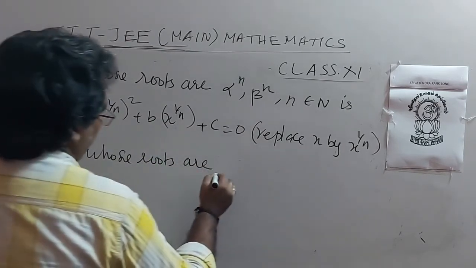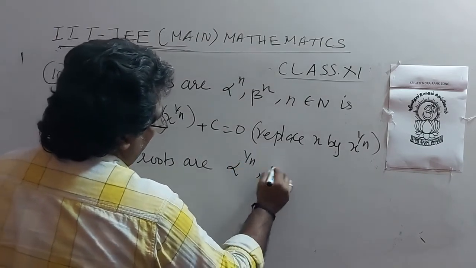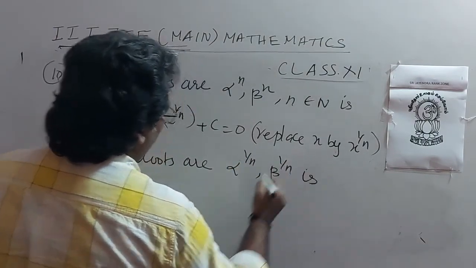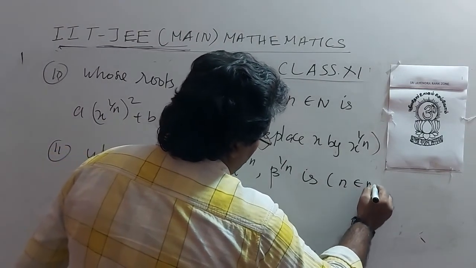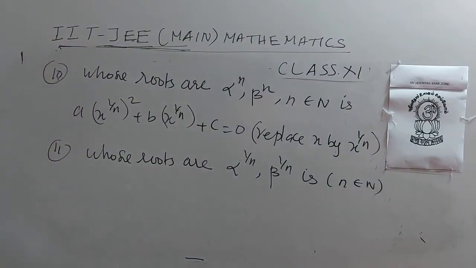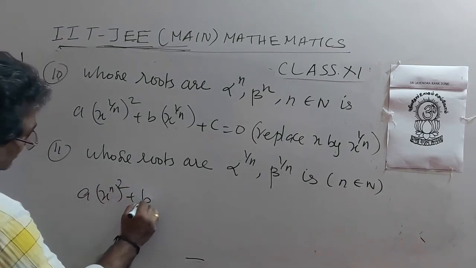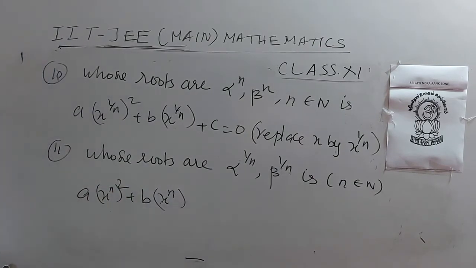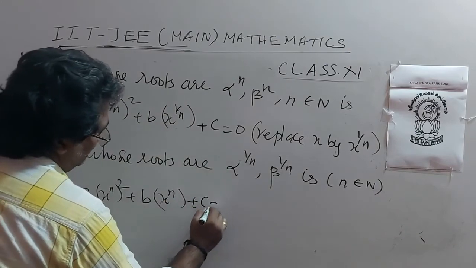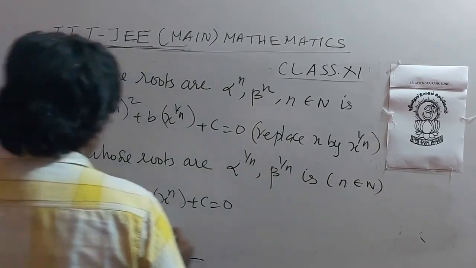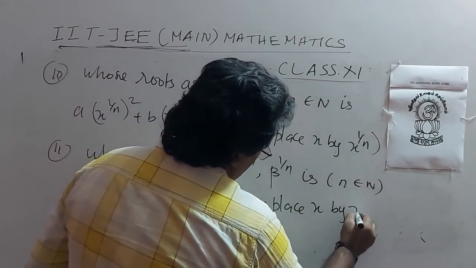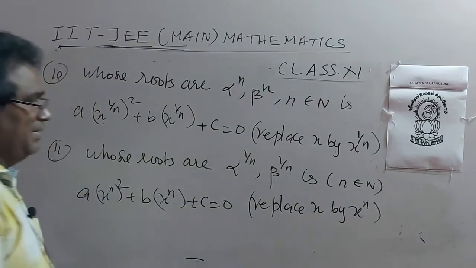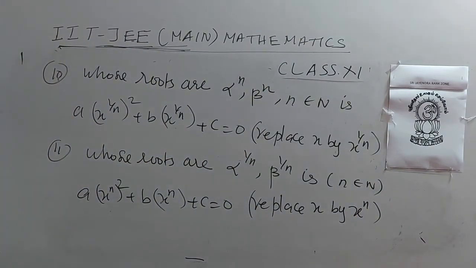Whose roots are alpha power 1 by n, beta power 1 by n, n belongs to natural numbers, is a into x power n whole squared, plus b into x power n plus c equals 0. Replace x by x power n.